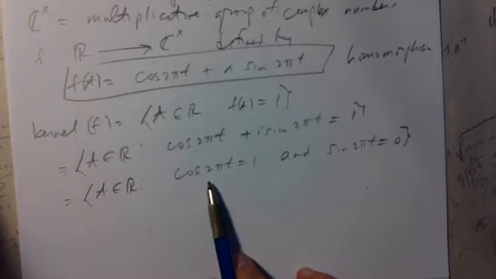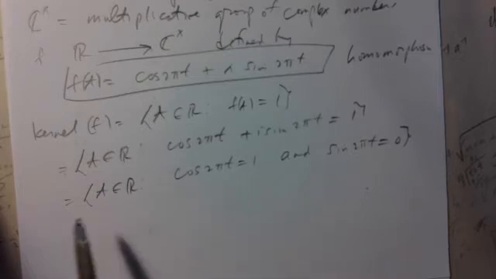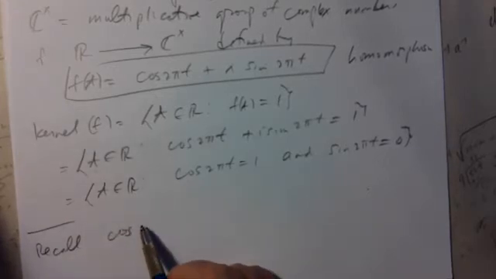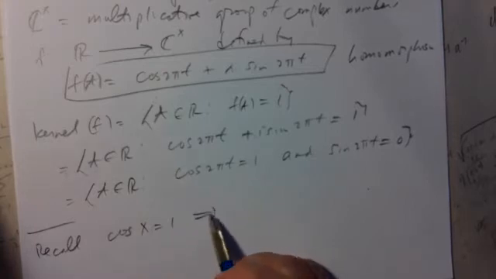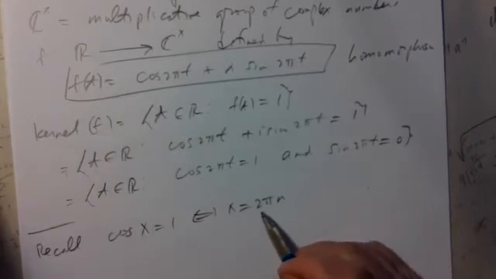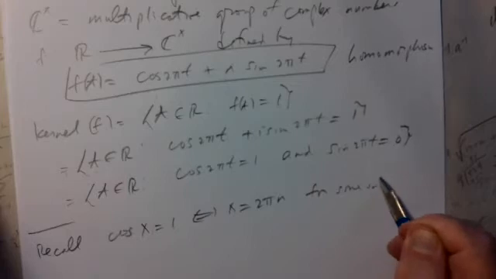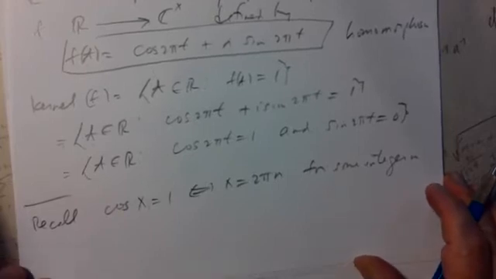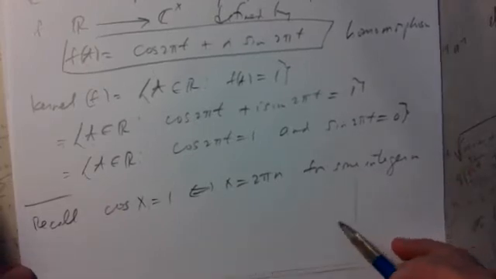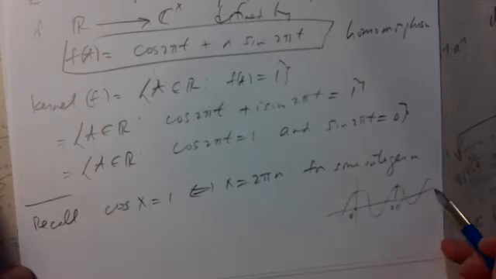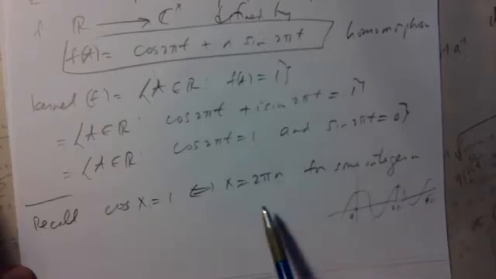So what are the numbers where the cosine is 1? So let's just recall. Cosine of x is 1 if and only if x is 2 pi n for some integer n, right? I mean, just remember the graph of the cosine: 0, 2 pi, 4 pi, all the integer multiples of 2 pi.